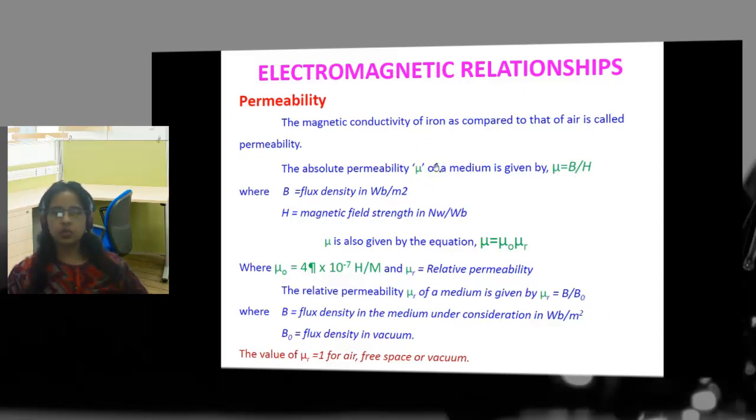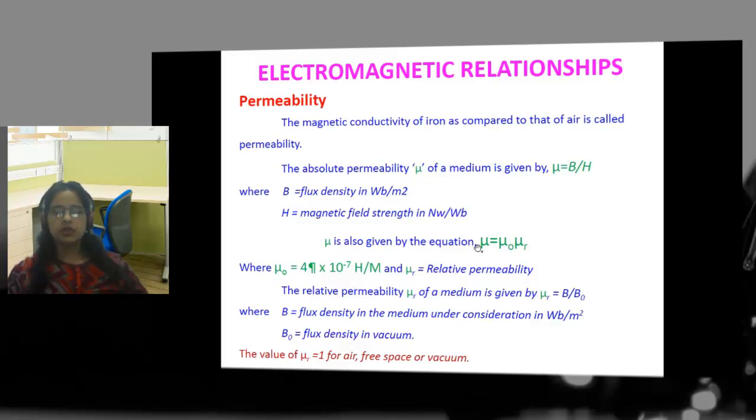If it is only mu, it is called the absolute permeability of a particular medium. So mu is equal to B by H, where B is the flux density and H is the magnetic field strength.